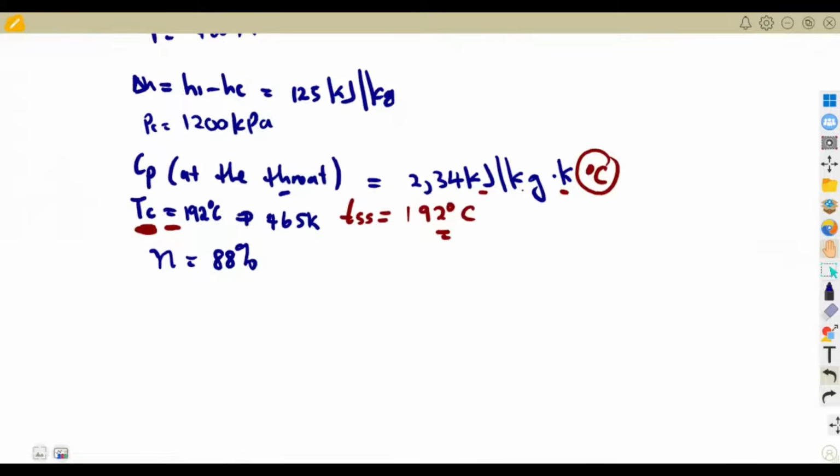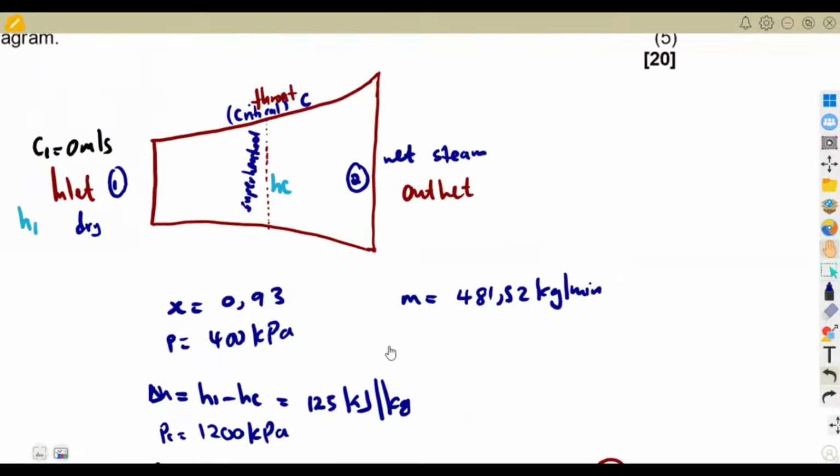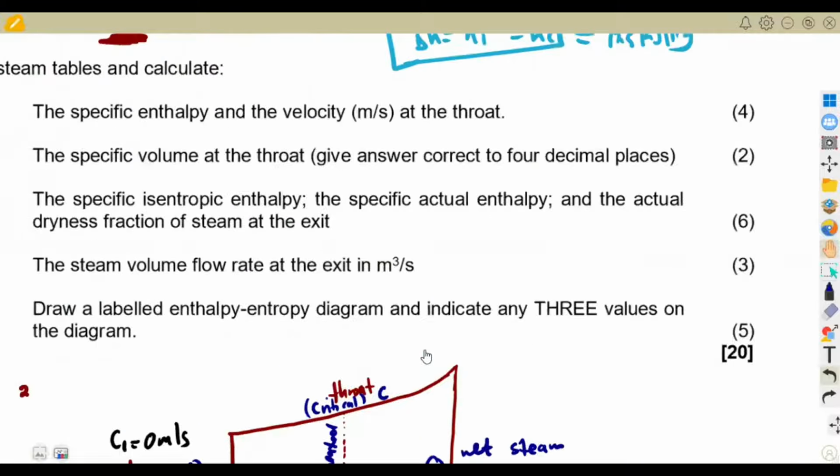That is the divergent part. So this is affecting the stage C to 2. That is the stage being affected there. Okay, then what else are we given? I think that's it.